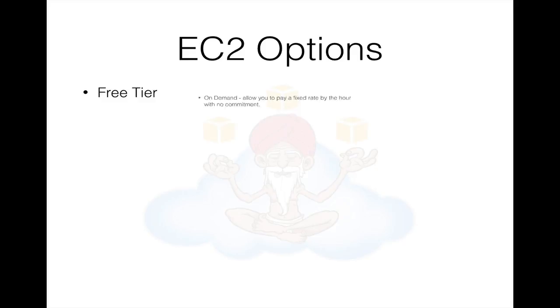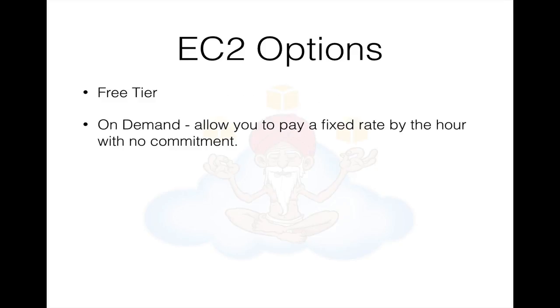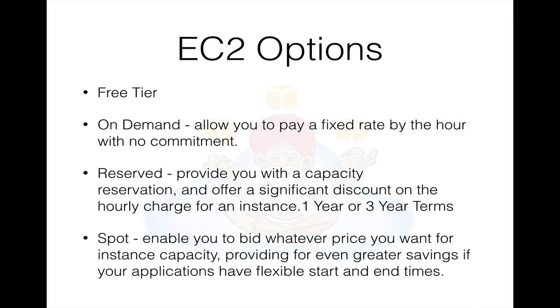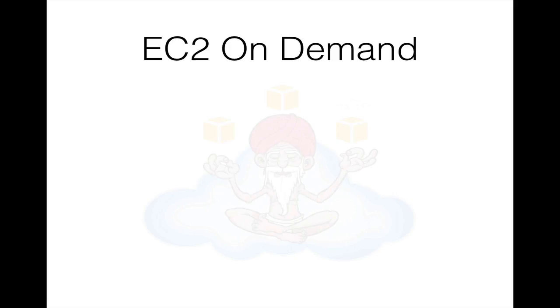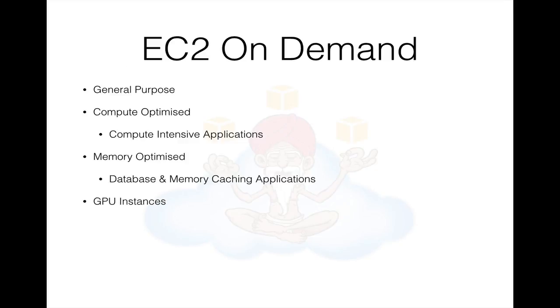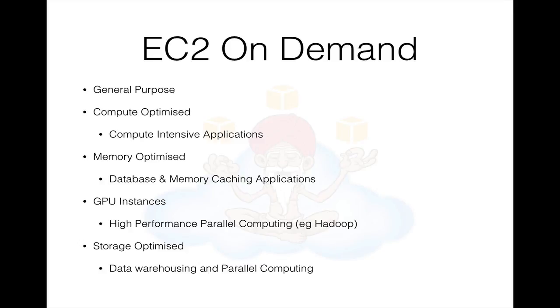So EC2 has a number of different options. You've got free tier, on-demand, reserved, and then you've got spot instances. EC2 on demand comes with different levels. So you've got general purpose, compute optimized, memory optimized, GPU instances, and then storage optimized, and those are the different use cases.